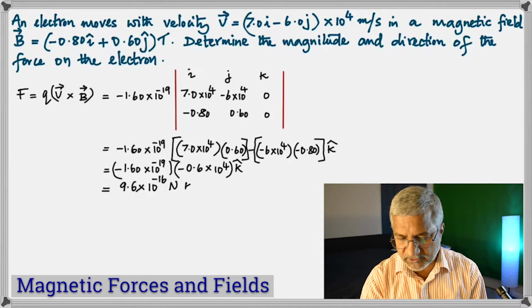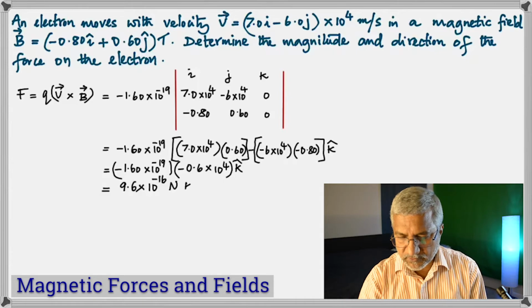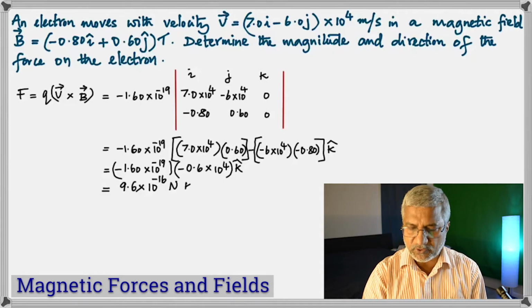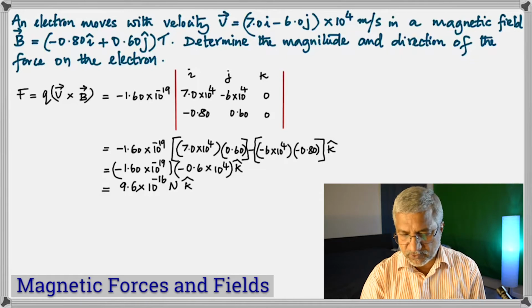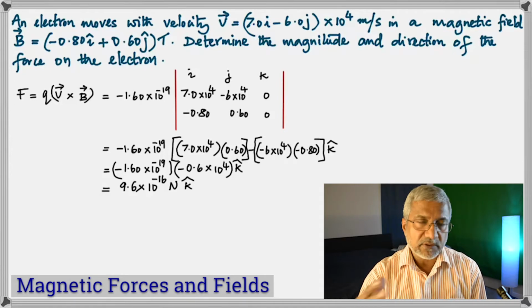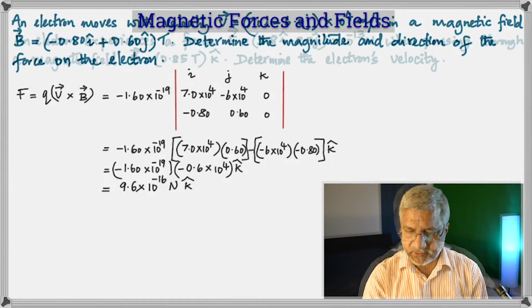Is that making sense? So you get negative 0.6 times 10 to the 4 K, which finally gives you, when you multiply, 9.6 times 10 to the negative 16 Newton along the K axis, which is the Z axis.